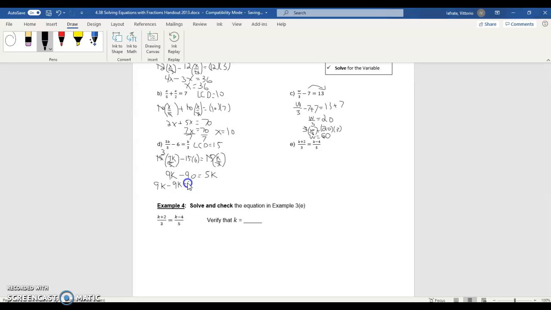Minus 90 is equal to 5k. Since I did minus 9k on the left side, I have to do minus 9k on the right side. That'll be minus 90 is equal to minus 4k.